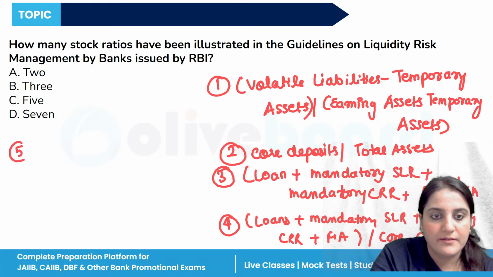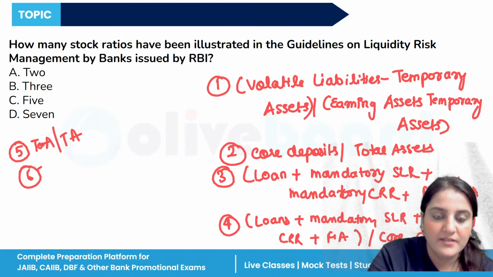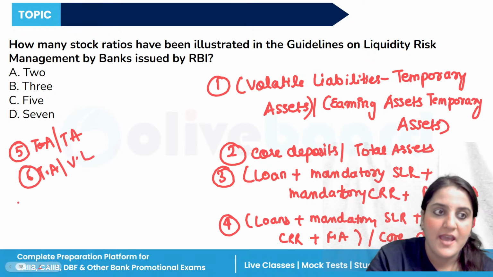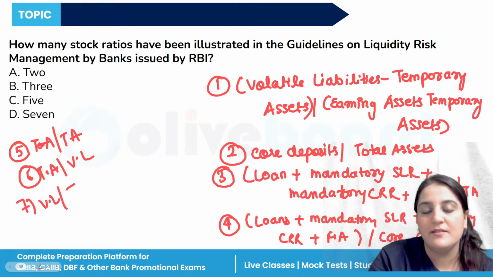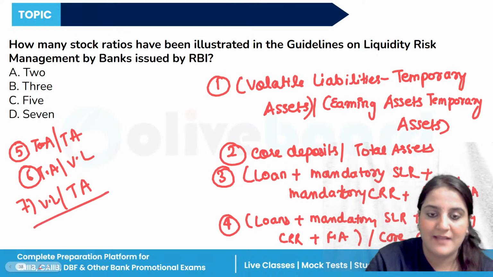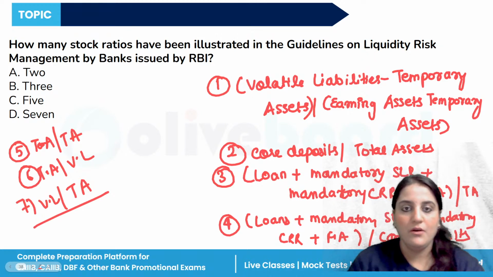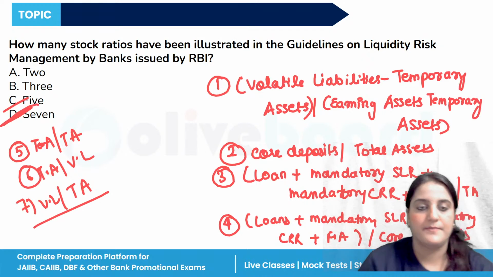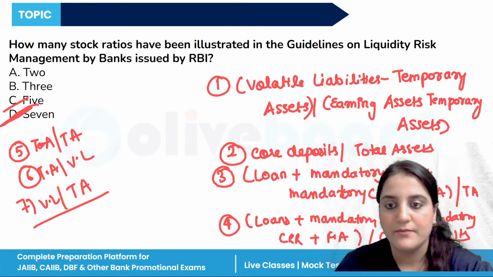Fifth one is temporary assets divided by total assets. Sixth one is temporary assets divided by volatile liabilities. And seventh one is volatile liabilities divided by total assets. So 7 ratios are illustrated. Option D is correct here. Okay? Clear?